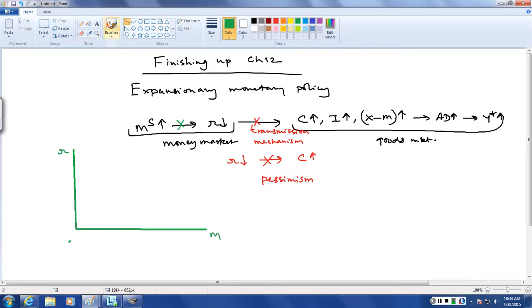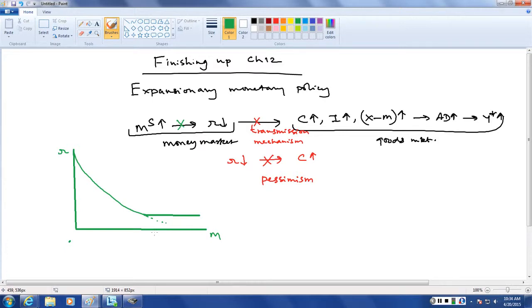I'm going to draw the money demand curve first. And the money demand curve, as we know, is negatively sloped like this. But this money demand curve here has a strange flat portion towards the end. As opposed to reducing like this, which is the way we've drawn it before, this money demand curve has a horizontal section towards the end, towards the bottom.